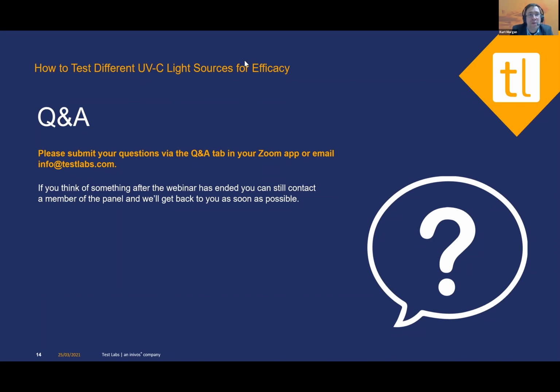So if you want a little window that lets UVC light through so that you can measure it, it's difficult. And the plastics then get degraded and wear out over time. So I don't think it's something you have to worry about too much. If there's a UVC light system being used and there are normal windows, that's probably okay.